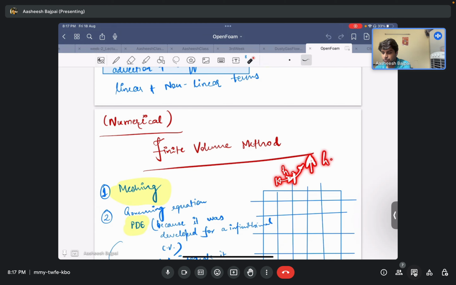As we reduce h from 0.1 to 0.01, the error reduced from 30% to 0.03%, sorry. This is why we need to discretize our domain and solve the equation for every particular section. That is why we are meshing.